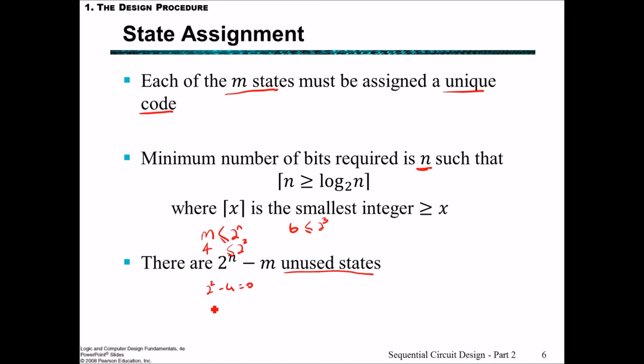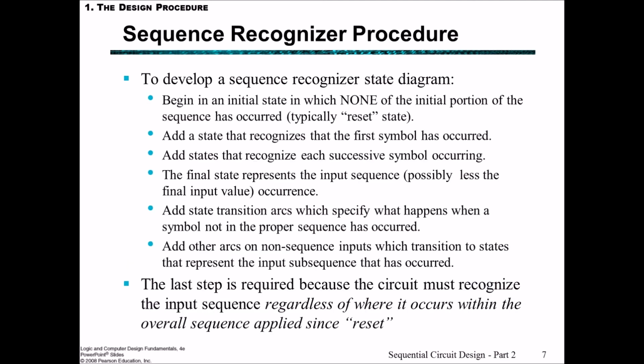In the second case, 2 to the 3 minus 6 is equal to 2, so we have 2 unused states. Ideally, we want to minimize this number of unused states whilst minimizing the number of bits required, and therefore the number of storage elements, whilst still making allowances for the correct number of states in our state diagram and state table. So this is the sequence recognizer procedure, and we're going to go through an example in part 2.